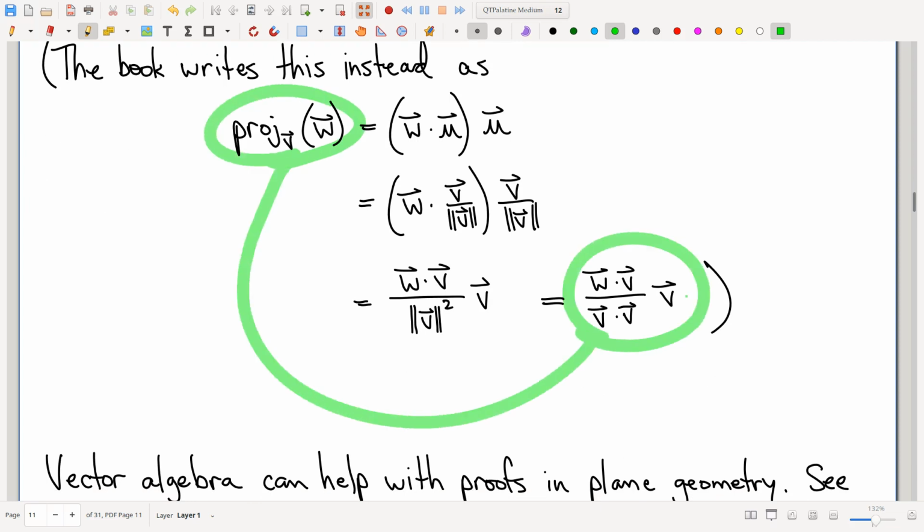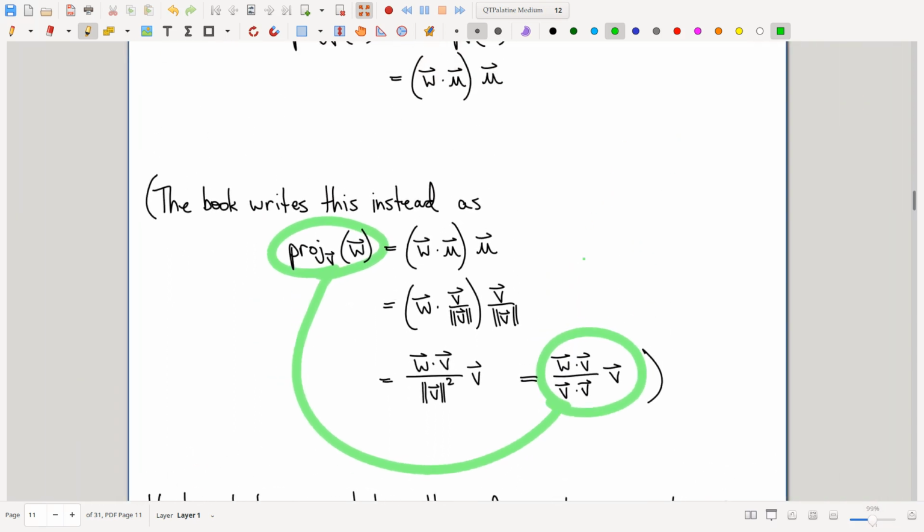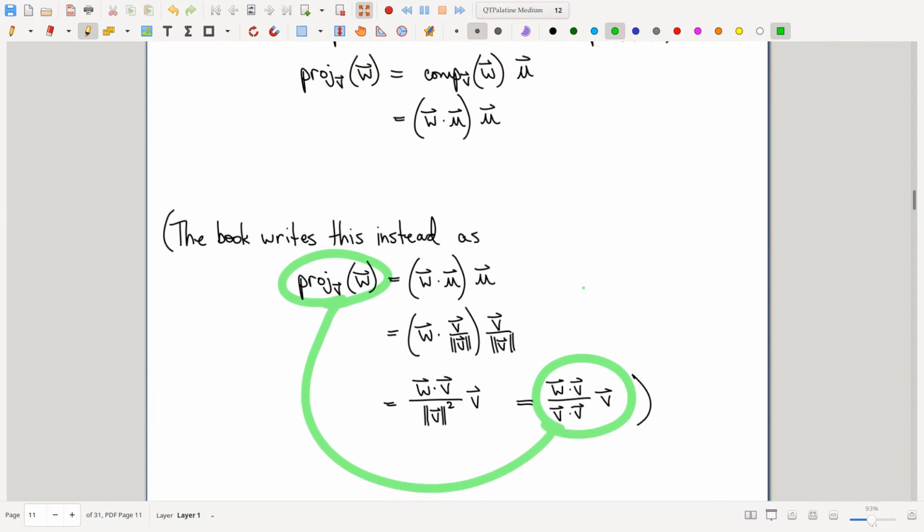And now let's compare and contrast. See if I can fit these both onto the, here we go, both on the screen at the same time. Let's compare and contrast. Which of these is the better formula? Well, what I like about this one down here is that it's written entirely in terms of the two vectors that I'm given.